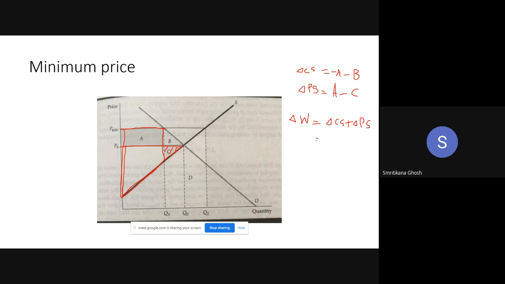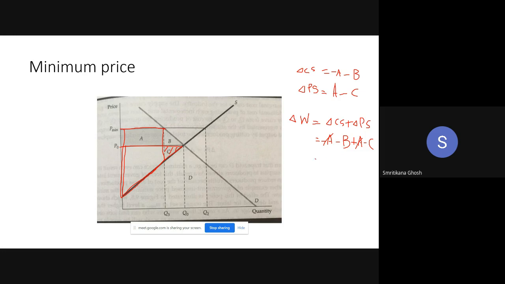So just write, what is the change of consumer surplus? Minus A and minus B. Okay. Regarding producer surplus, it is plus A minus C. I've just written the values here. So look, minus A plus A, so it will be cancelled out like this. Okay.